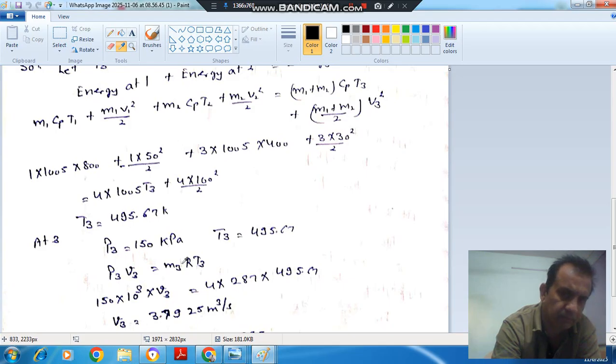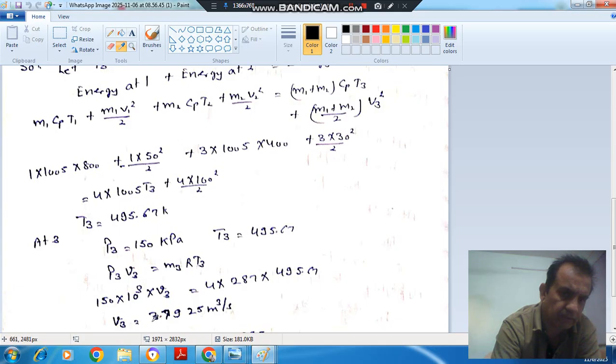Temperature we have found out, using the state equation P3 V3 is equal to m3 R T3. So we can find out V3 because we know P3 and we know T3, we know m3.